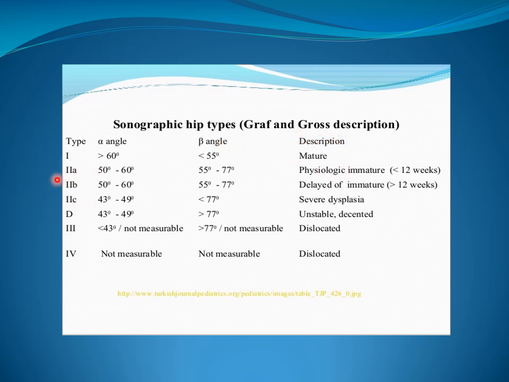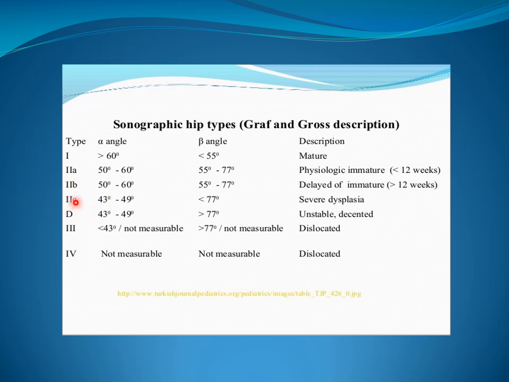Then type 2, 2A and 2B, they have the same measurements, 50 to 60 degrees in alpha angle and 55 to 77 degrees in beta angle. The difference is the age group of the patient. If less than 3 months, this is a physiologically immature hip. If it's more than 3 months, then there is delayed maturation, and this should be followed up.